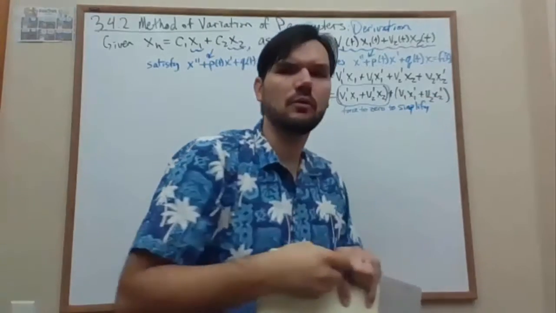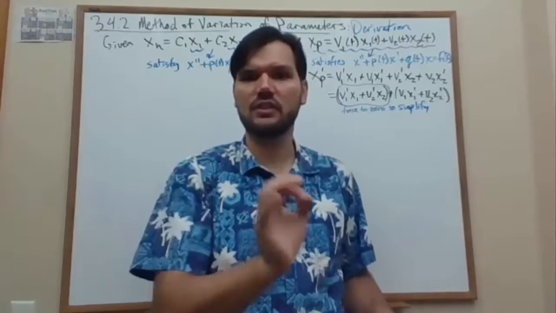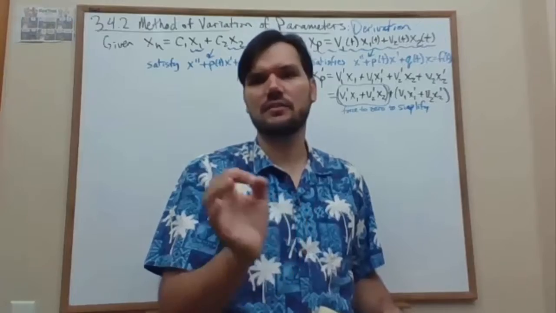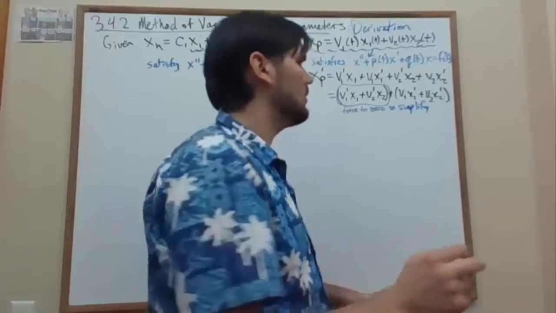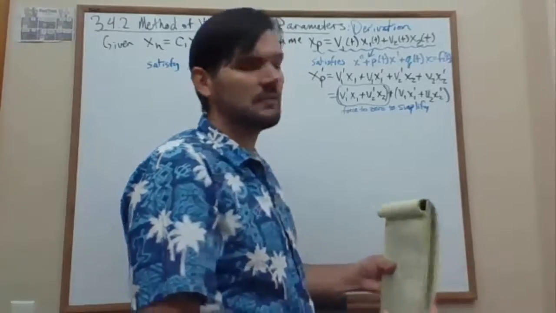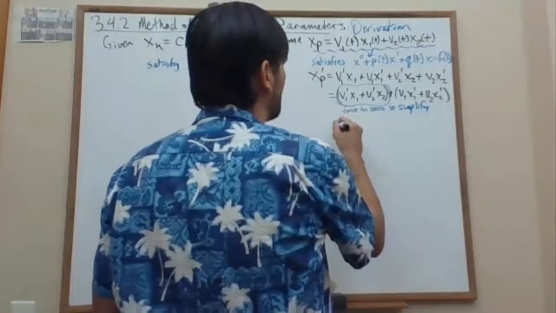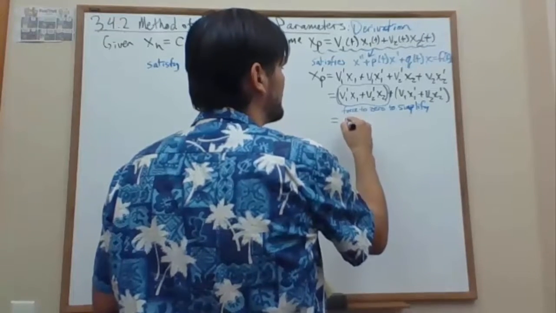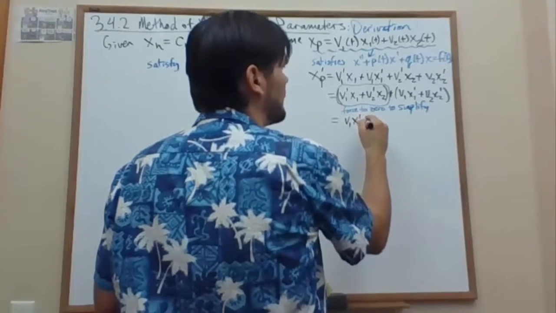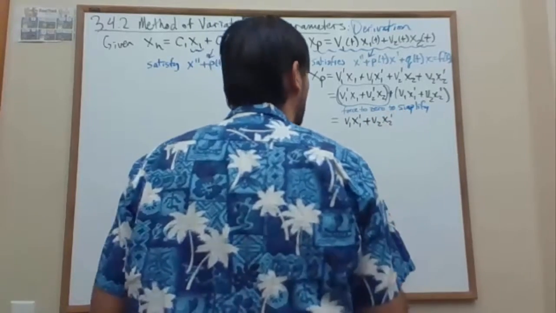I mentioned before that we're only trying to choose one helper function for each of the x's, each of the homogeneous pieces. So we need to make some simplification, and this is a really helpful simplification. That means our x_p prime is actually just v1 x1 prime plus v2 x2 prime.